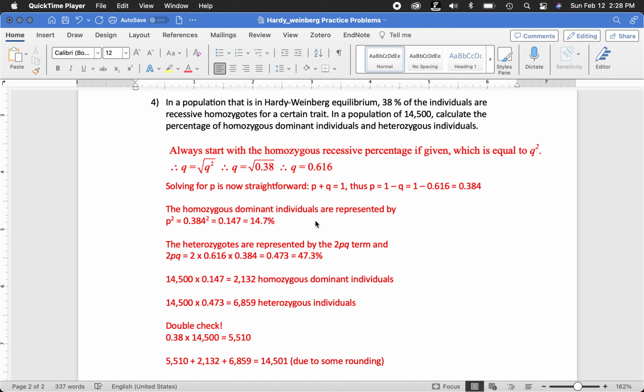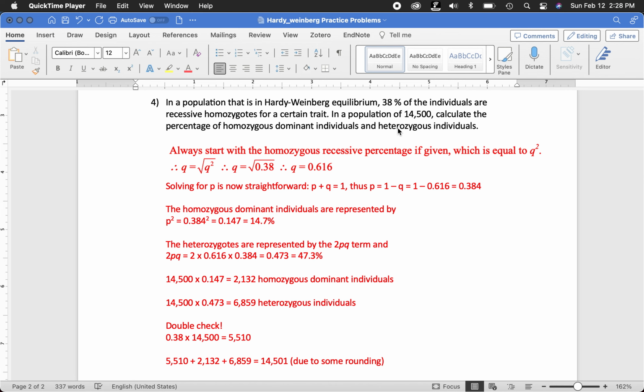In order to get a percentage that represents the homozygous dominant individuals, we have to square that, because remember, p squared is what tells you the percentage of homozygous dominant individuals. You square that value, you end up getting 0.147, which is the same thing as saying 14.7%.